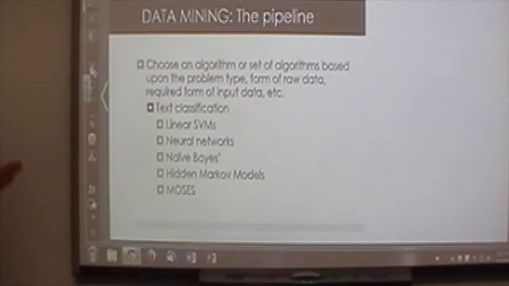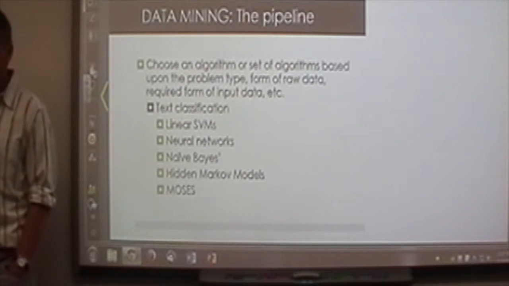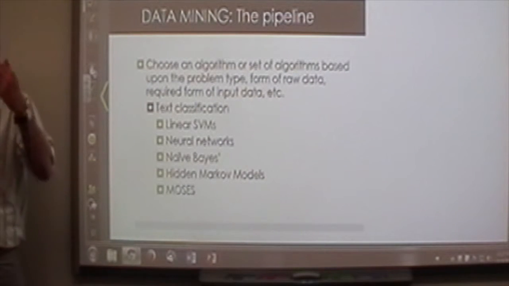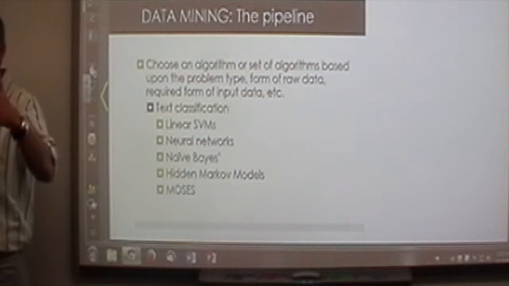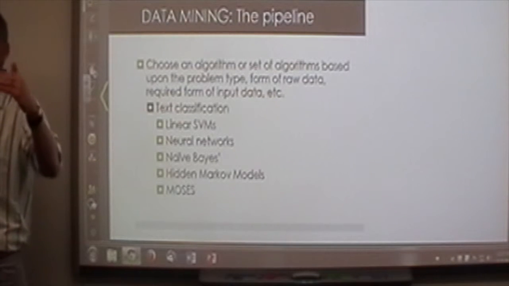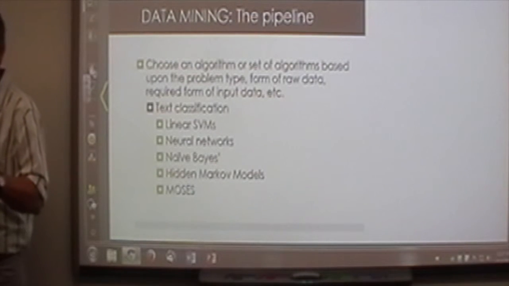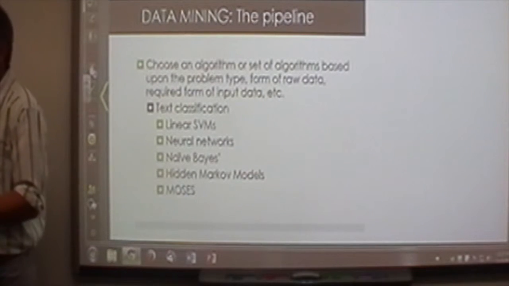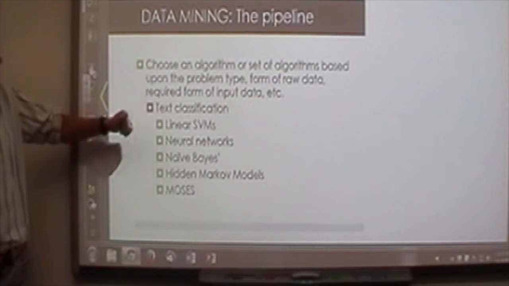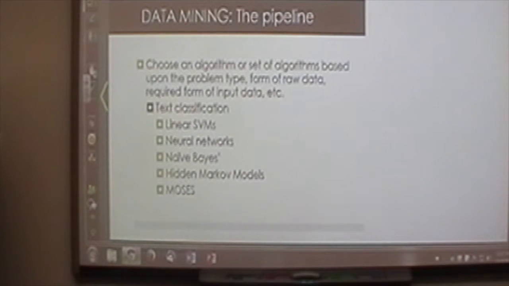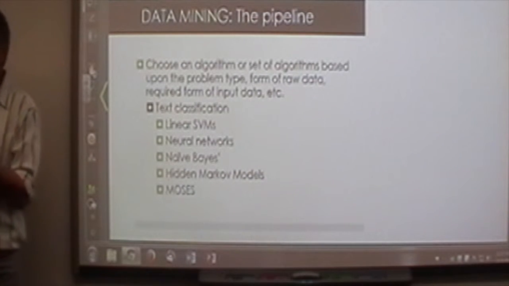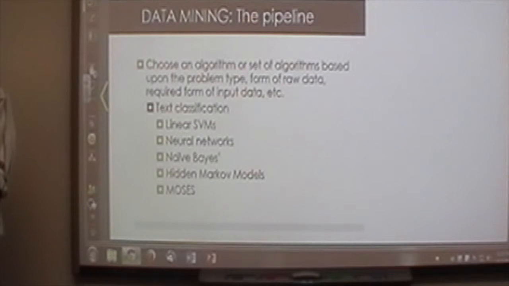Okay, so here's a general point. I mentioned that depending upon the problem type, there are sometimes specific algorithms that tend to work well for that type of problem. Text classification: typically linear support vector machines actually work quite well.